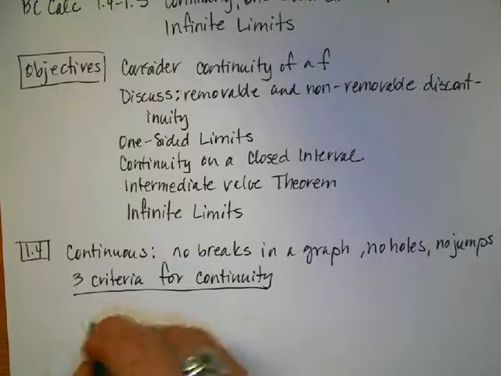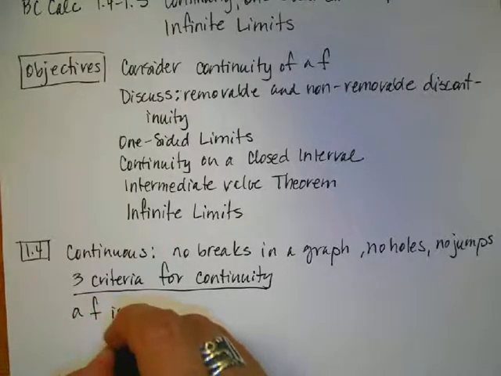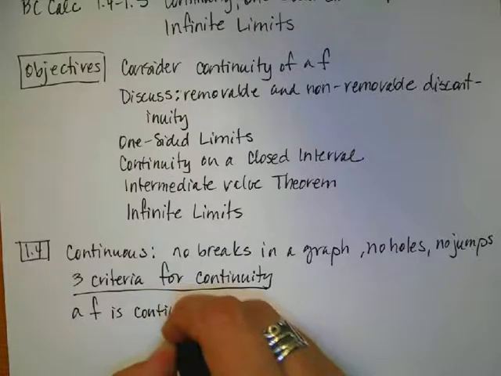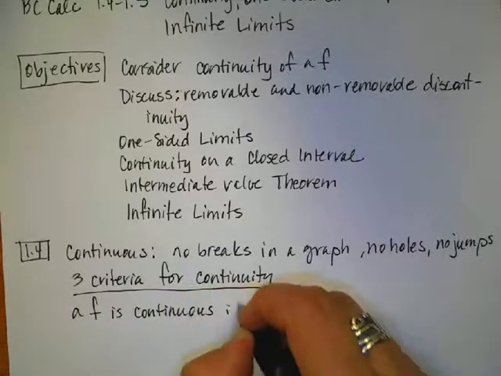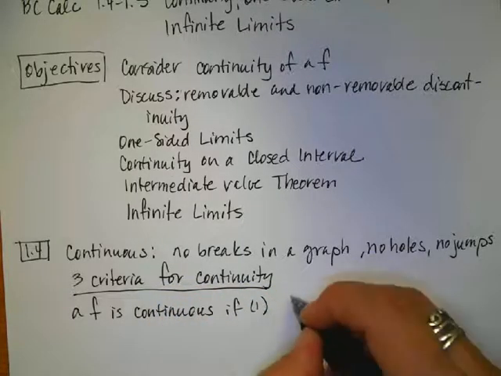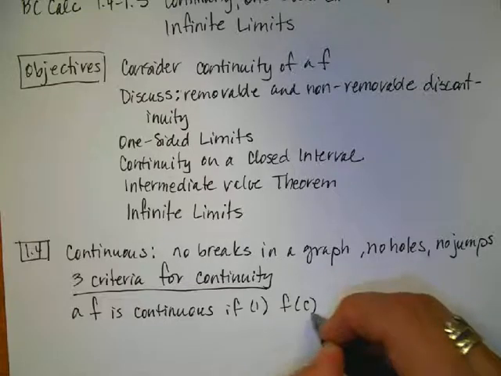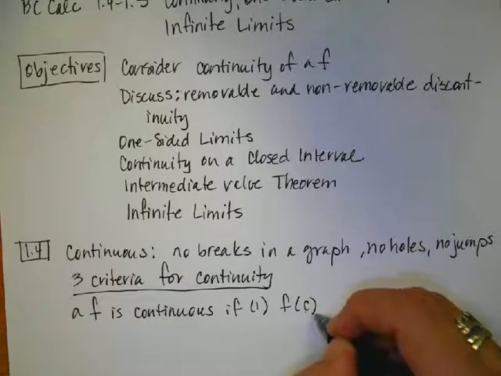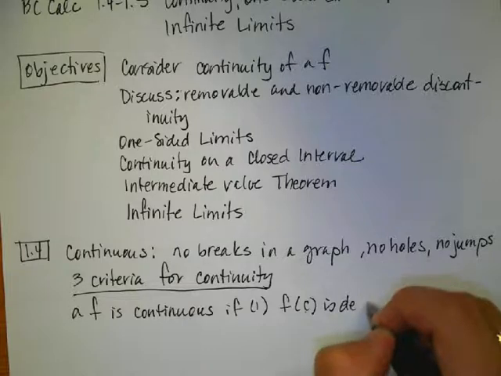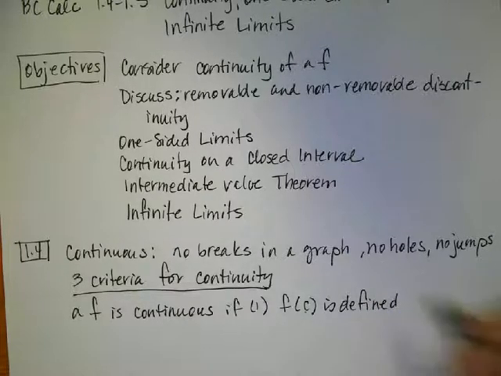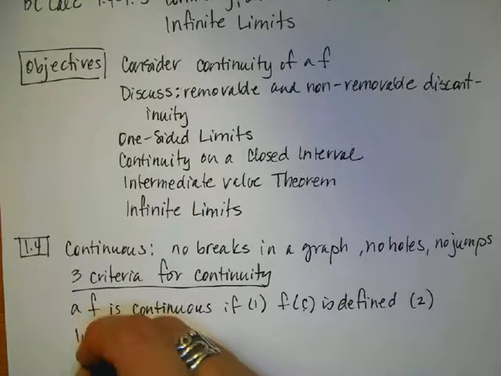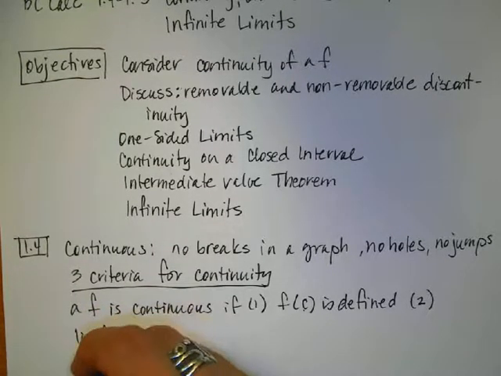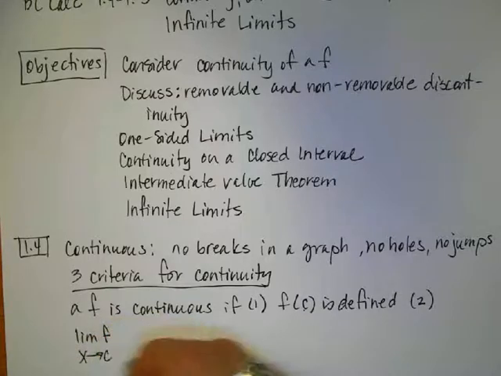A function is continuous if, one, f of c, some x value, is defined. Two, the limit of the function as x approaches c exists.